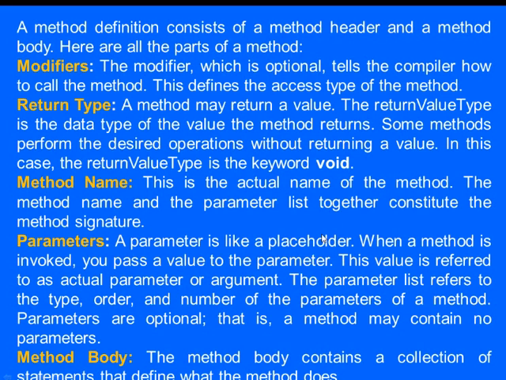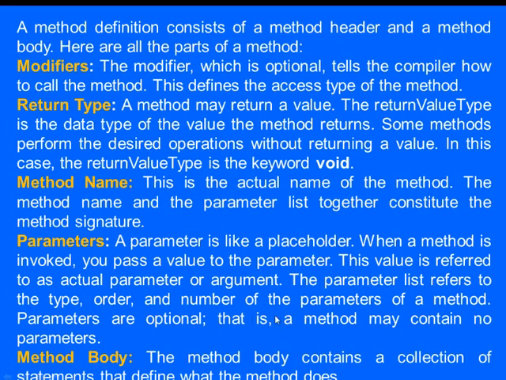And then we have parameters. A parameter is like a placeholder. When a method is invoked, you pass a value to the parameter. This value is referred to as the actual parameter or argument. The parameter list refers to the type, order, and number of parameters of a method.